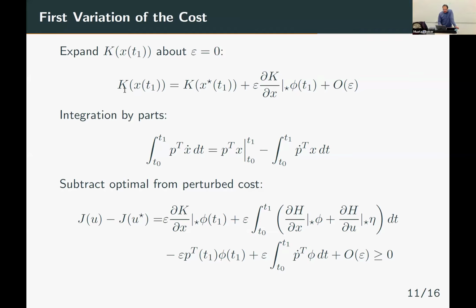So I'm going to perturb it around the optimal point, which is at epsilon. Remember, epsilon equal to 0 is the optimal point. Then we are at the optimal point, right?